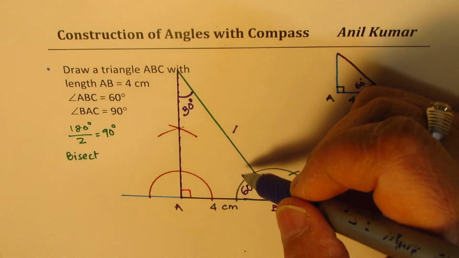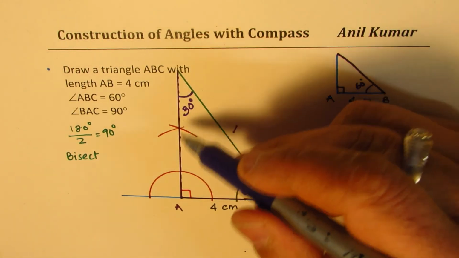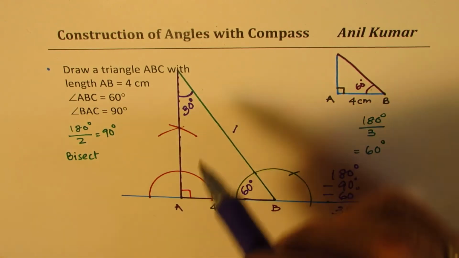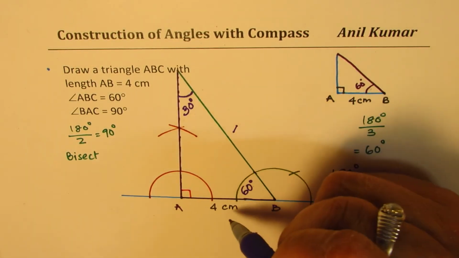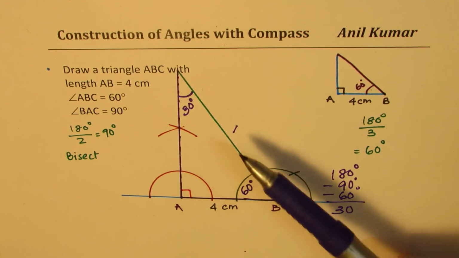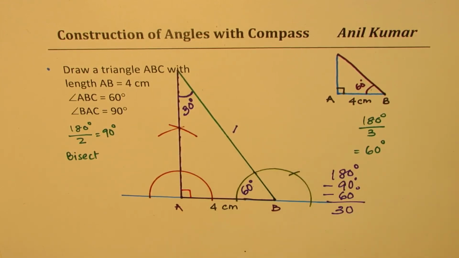So, as you see from this particular diagram, that side could be twice 4. Let's verify. So that is how you actually draw a triangle with the given dimensions. And if you do all these calculations, you will also find that the hypotenuse is almost twice the base AB, right?